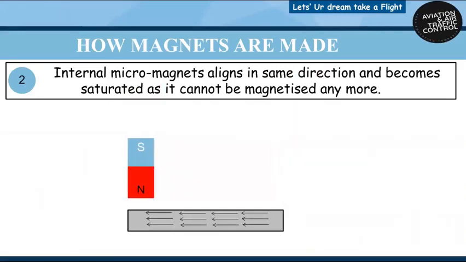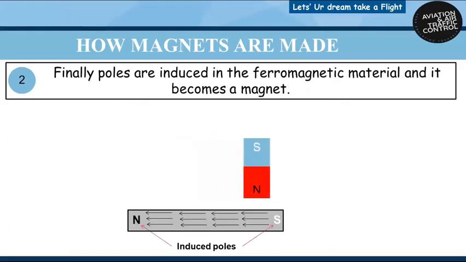Internal micromagnets align in the same direction and thereafter become saturated. Here, saturated means it cannot be magnetized anymore. Finally, poles are induced in the ferromagnetic material. It became a magnet.